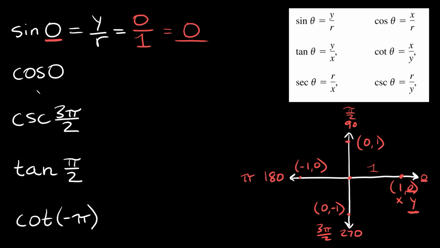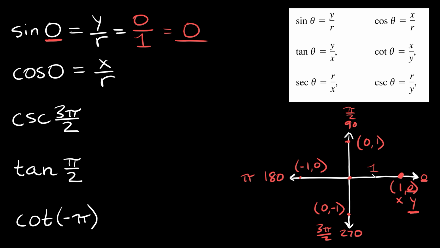Let's try now the cosine of 0. First of all, the trig definition for the cosine is x over r. So let's figure out what x and r are equal to at 0 radians, or 0 degrees. Again, that's going to be this spot right here.